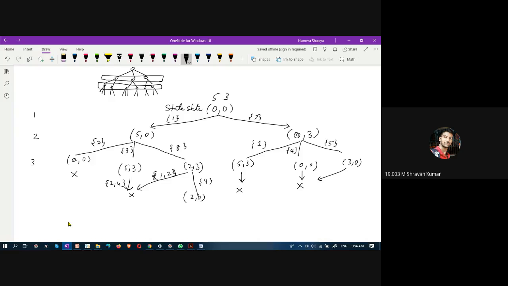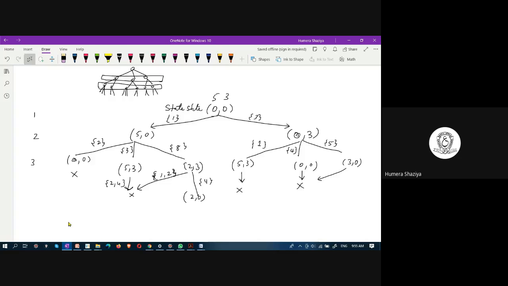Are we randomly giving some number here, ma'am, or following a process? We are applying the rule. When both are having 0, 0 water, we can fill the 5 gallon jug with 5 gallon water, 5, 0, which is rule number 1.